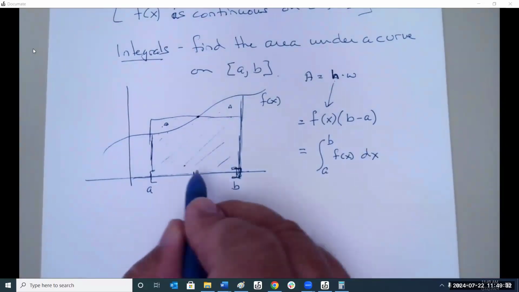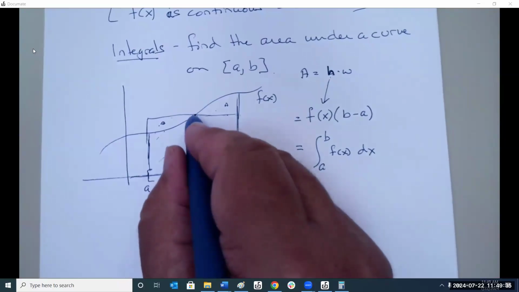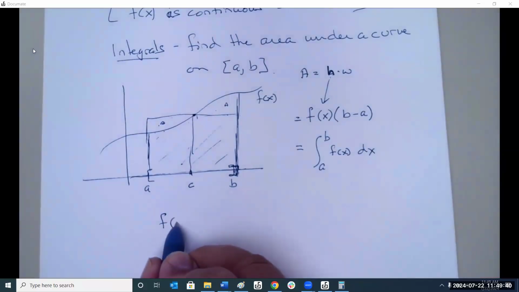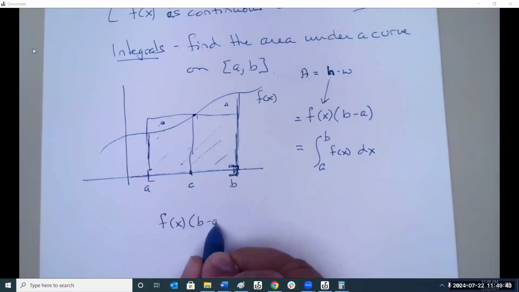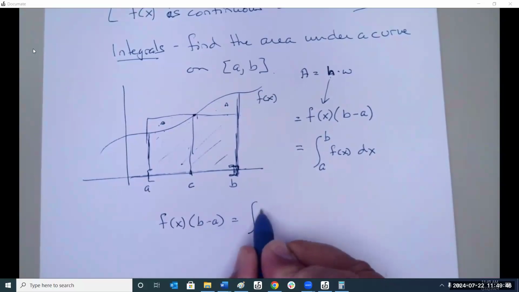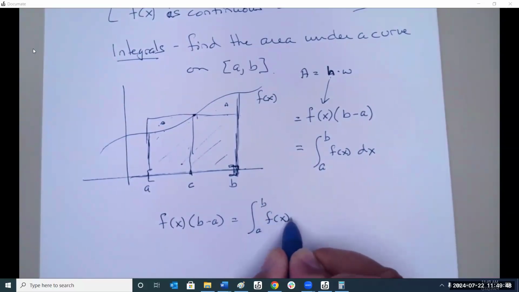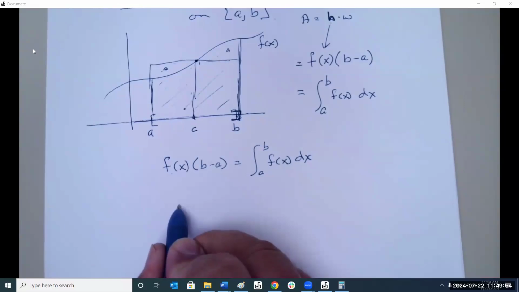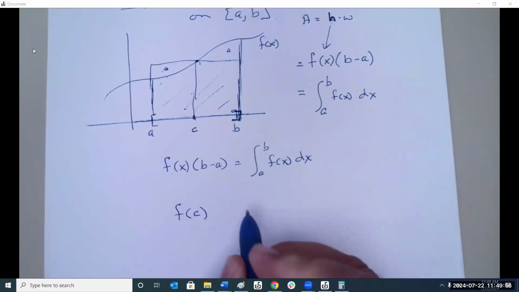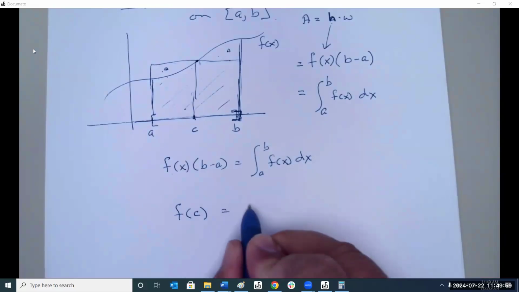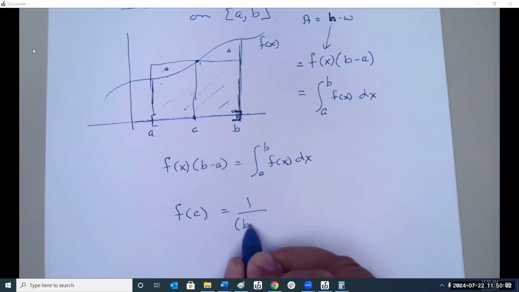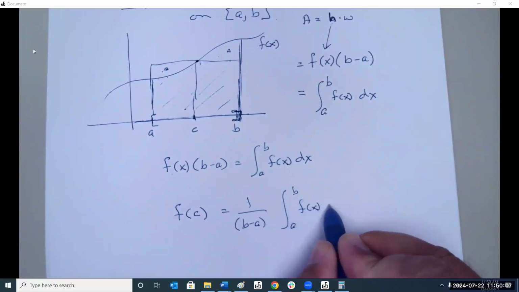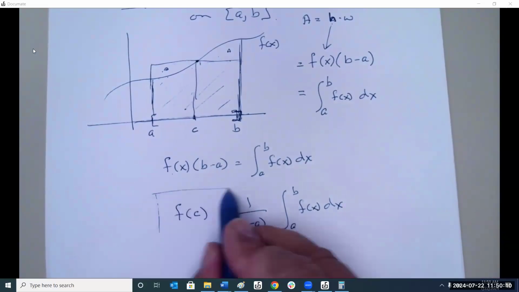So we're going to be looking at this value C here for our height. Putting these last two together, solving for our function at C, we divide both sides by B minus A. And there we have it.